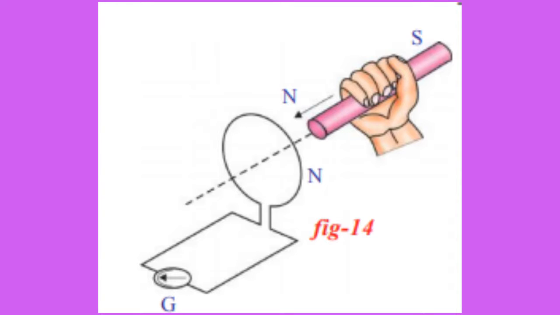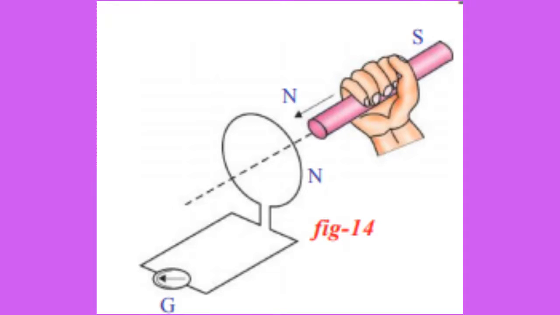When it is taken away from the coil, also there is a deflection. Whereas when the bar magnet is stationary, there is no deflection in the galvanometer. That means if there is no movement in the bar magnet, there is no deflection.